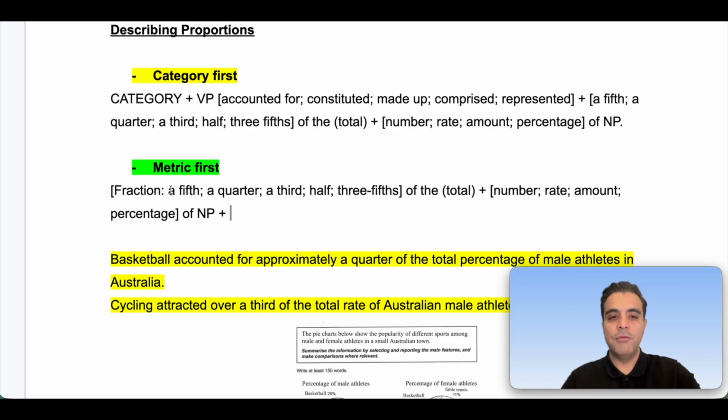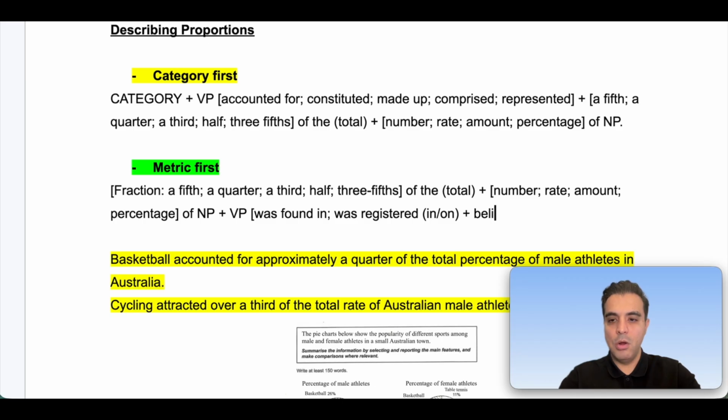So you see, for instance, a fraction of the total, number, rate, amount, percentage of MP. Obviously, we need to follow this up with a verb. And some of the verbs that you can use in this instance include was found in, was registered in or by, right? So it depends on the topic.